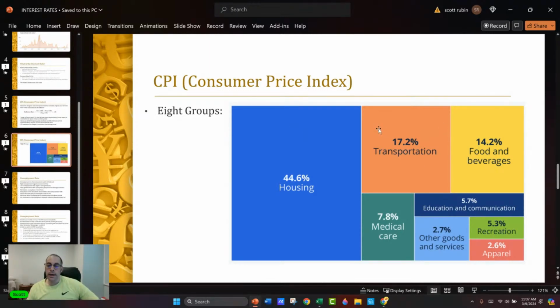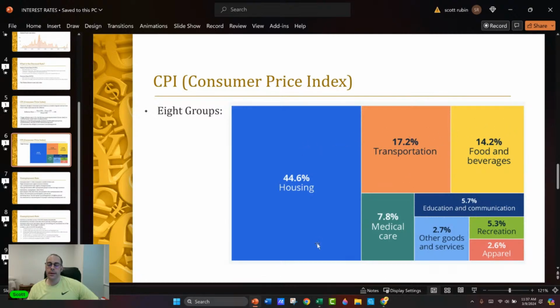Transportation. So a car, gas, insurance, Ubering, that's all part of transportation. That's the second biggest spend, because you kind of need these two. You can't really live without them. Food too. These three are kind of basic necessities.